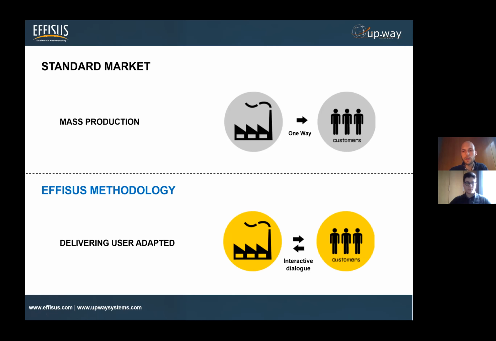At Effisus, we really understand this in a different way. We call it the Effisus methodology, which enables this kind of interactive dialogue. We understand that without this interactive dialogue, in a one-way interaction like this, you won't have the chance to improve your installation at site and the efficiency of your solution.